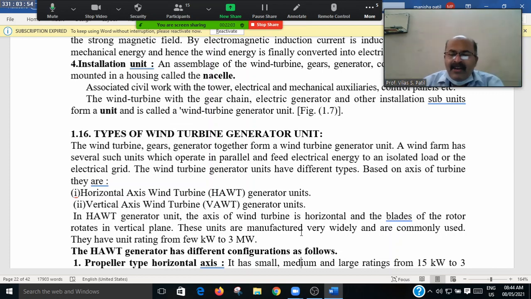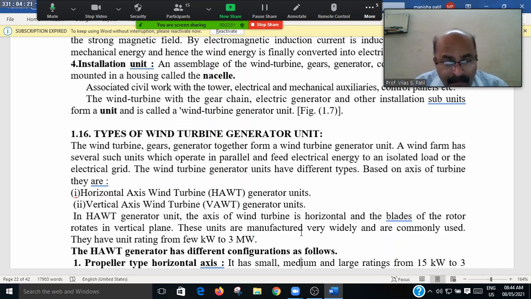The axis is in a horizontal plane and the blades are in a vertical plane, meaning a perpendicular angle is formed here. A wind farm has several such units operating in parallel and feeding electrical energy to isolated loads in the form of an electrical grid.